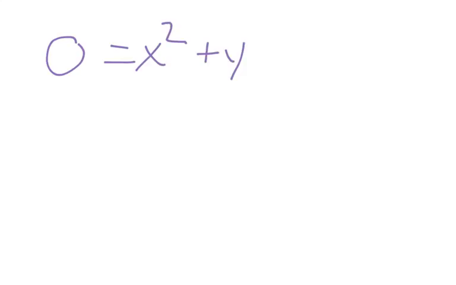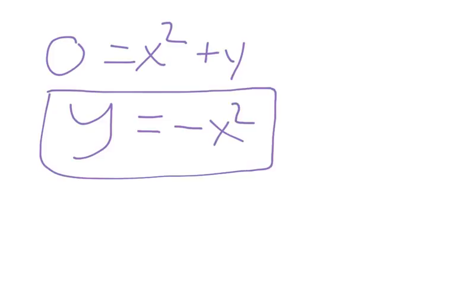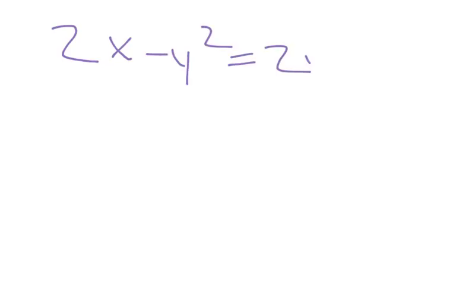And then since you're solving for y, you're going to get y on one side, so you're going to end up with y equals negative x squared. So that's going to be your y, and you're going to plug that back into the original equation. So when we get back to the original equation, it's going to be 2x minus y squared equals 2x squared y plus 10.